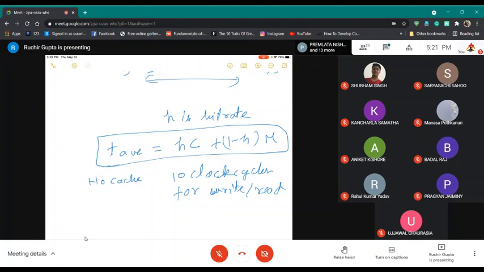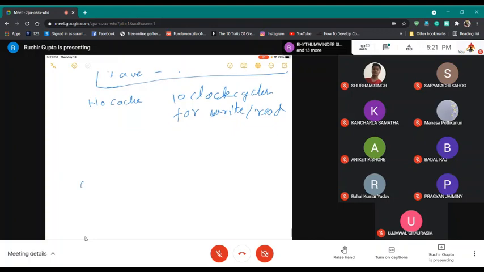And then another case when there is a cache with 8-word blocks and interleaved memory.